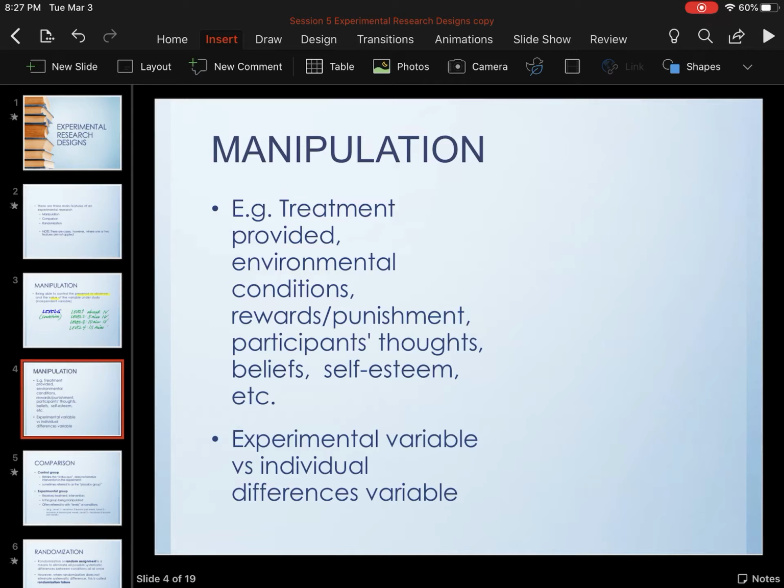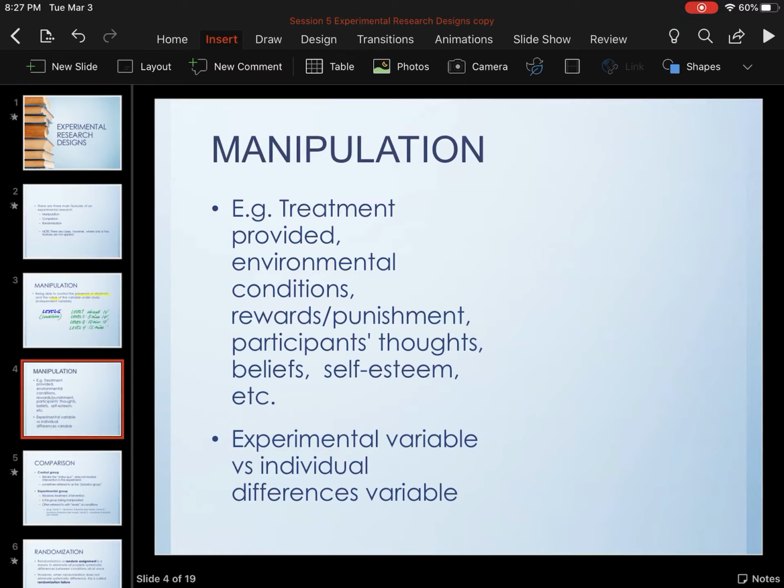So we can't manipulate that for sure. So if you have a participant, your participant is female, you definitely cannot ask the participant to change his or her biological sex for the sake of your study, right? So yeah, we have to be very sensitive of that. So that is an example of an individual differences variable.